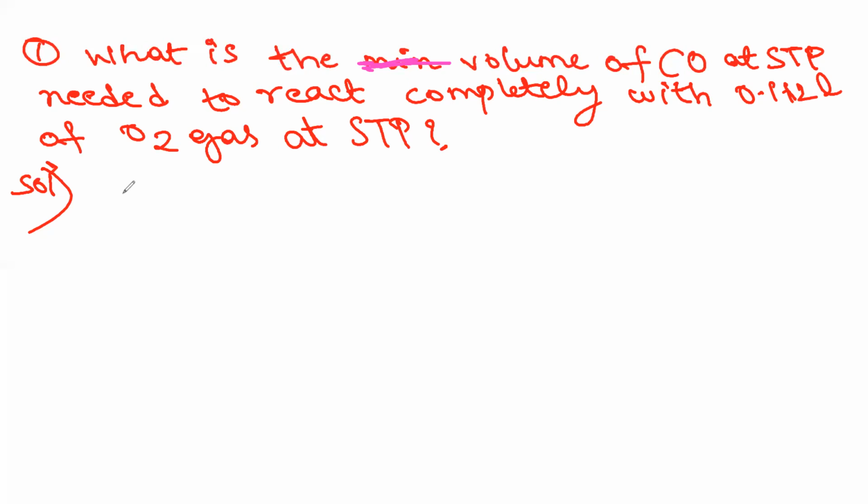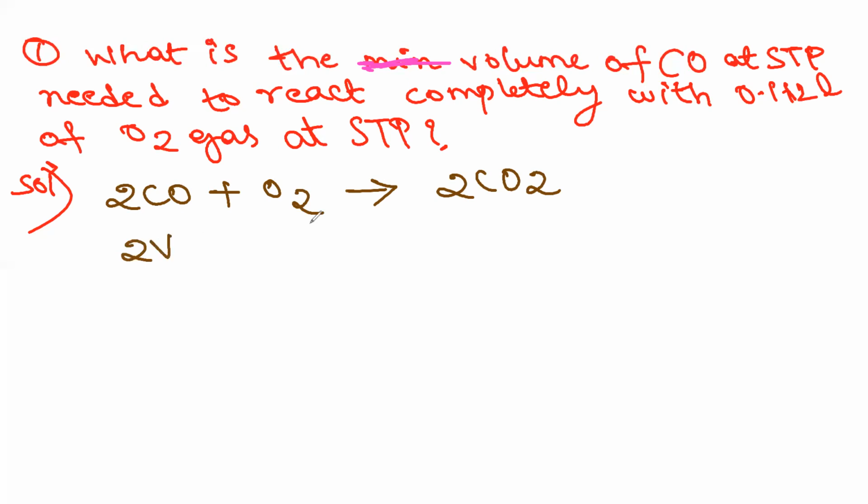For this question, simply write the balanced chemical equation: 2CO plus O2 gives 2CO2. From this we can say 2 volumes of carbon monoxide combine with 1 volume of oxygen gas. They are in the ratio of 2 volumes to 1 volume, meaning 2 ml or 2 liters.